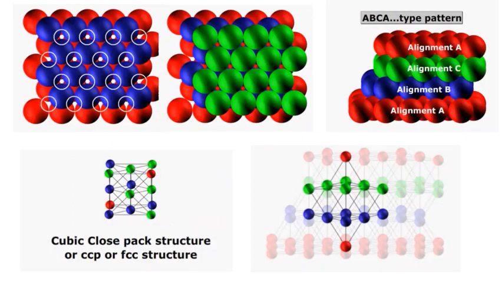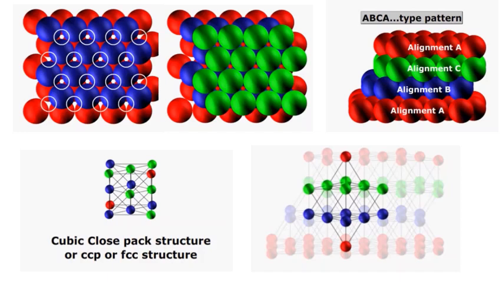Now, the other possible way to place the third layer on the second layer of the hexagonal close packed is placing the third layer on these depressions to cover these voids. The third layer goes on these depressions and covers these voids which are created by the first and second layer.